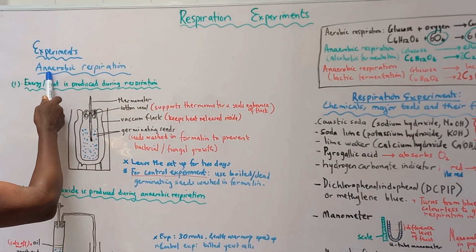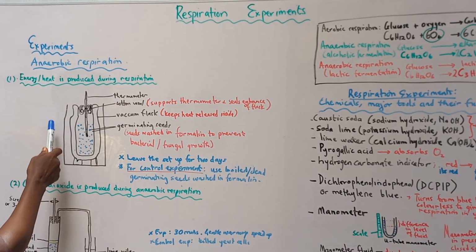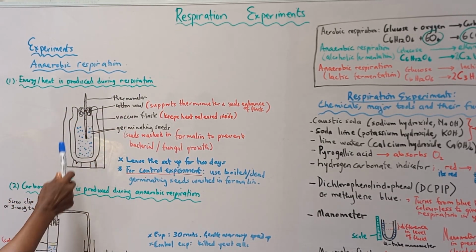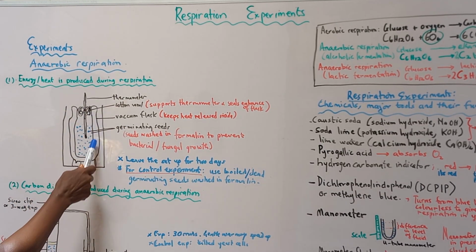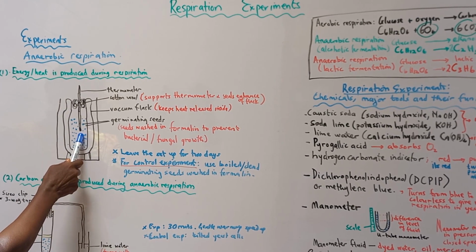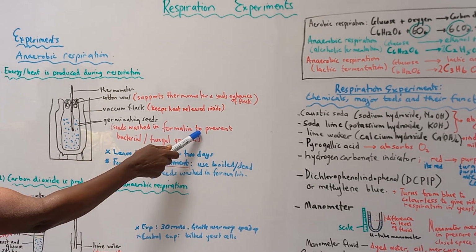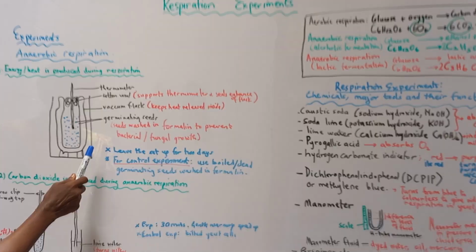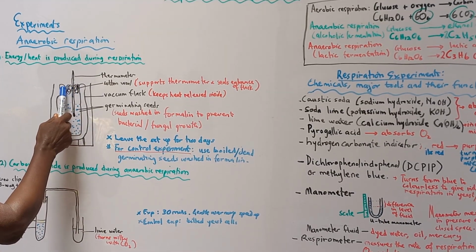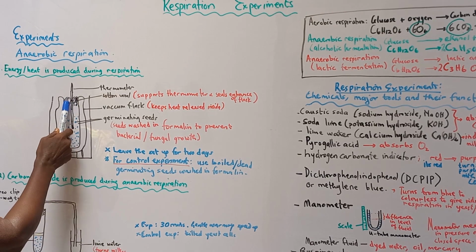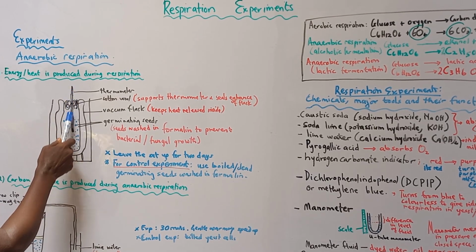The first one, we'll look at anaerobic respiration, and we'll look at energy or heat produced during respiration. This is a setup. This is a vacuum flask. Germinating seeds are here in the vacuum flask. The germinating seeds are washed in formaldehyde or formalin to prevent bacterial or fungal growth. The cotton wool is sealing up the entrance to the vacuum flask to make it airtight and also to hold the thermometer.